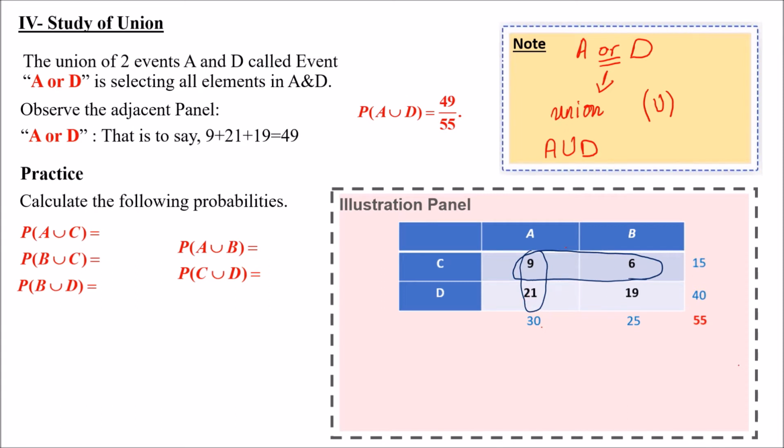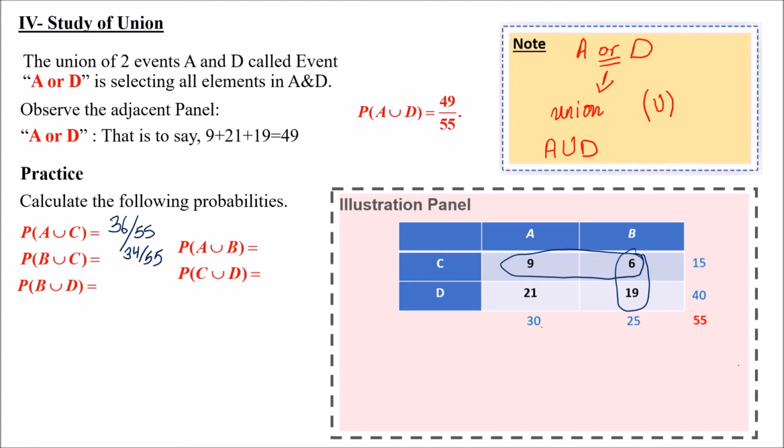Therefore, probability of A union C is equal to 36 over 55. Probability of B union C. This is B and this is C. Therefore, we have here all 15 and 19. This gives us 34. Therefore, the probability of B union C is equal to 34 over 55.